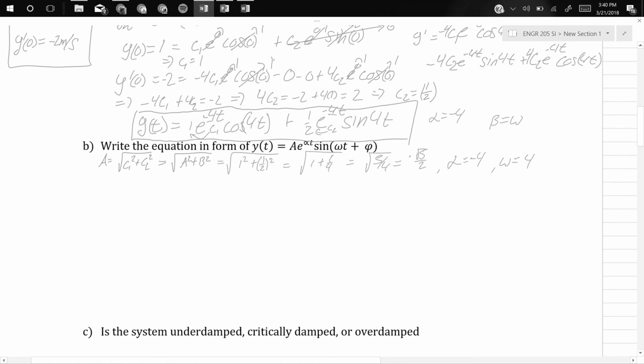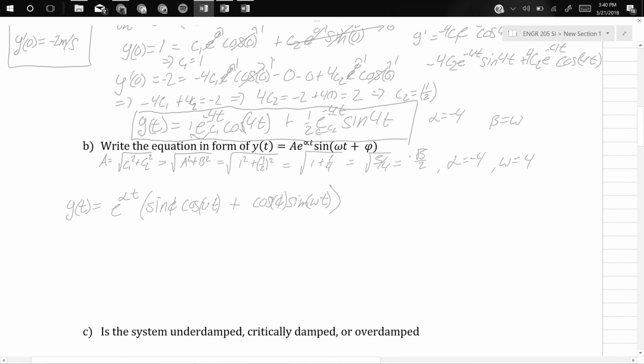Now your phi is going to be a little bit different. Phi is going to be a little bit more work. There's a couple of ways you can go about solving for it. You can memorize certain equations. So you're going to say y of t equals e to the alpha t times sine phi cosine omega t plus cosine phi sine omega t.